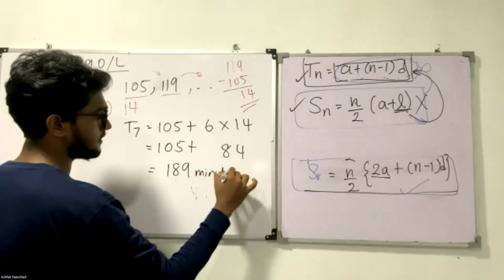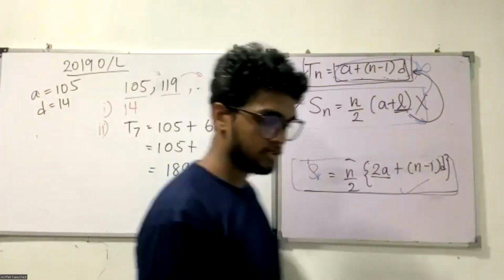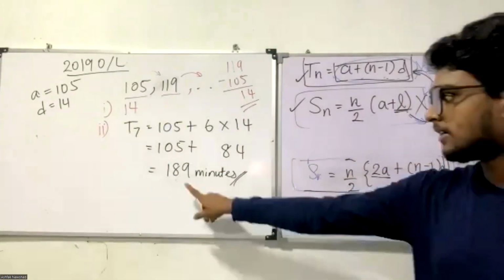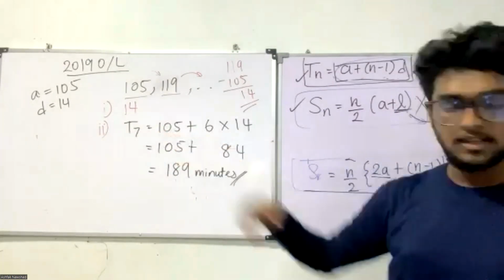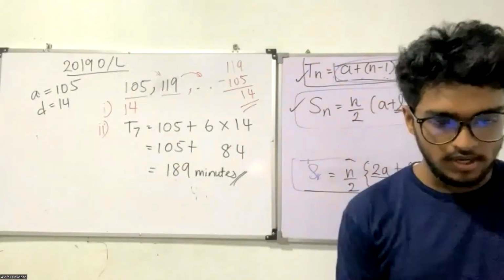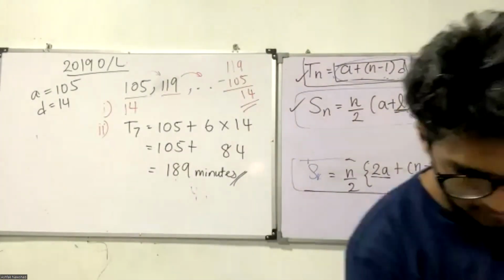They are asking in minutes, so you must keep the answer in minutes. She spends 189 minutes jogging in the 7th week. Is that clear? Yes. Good.